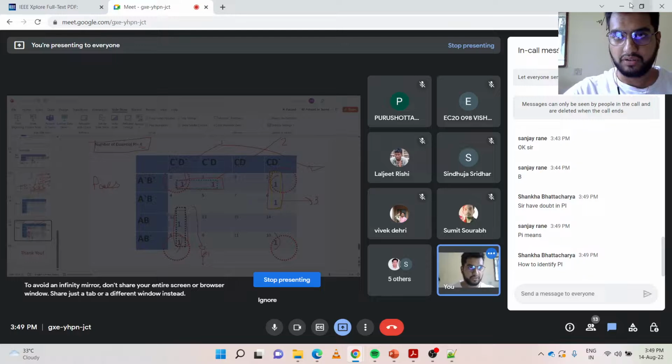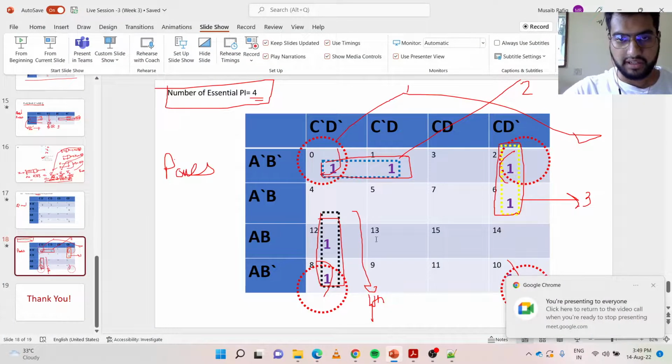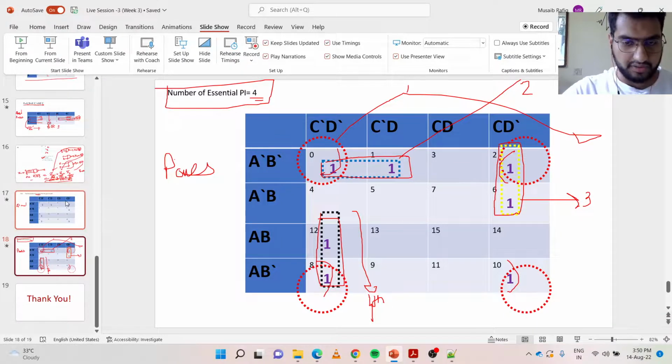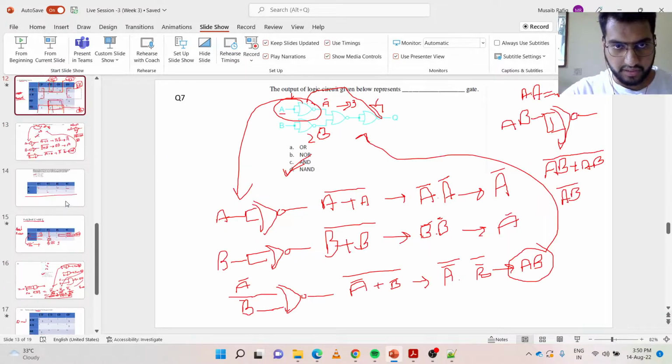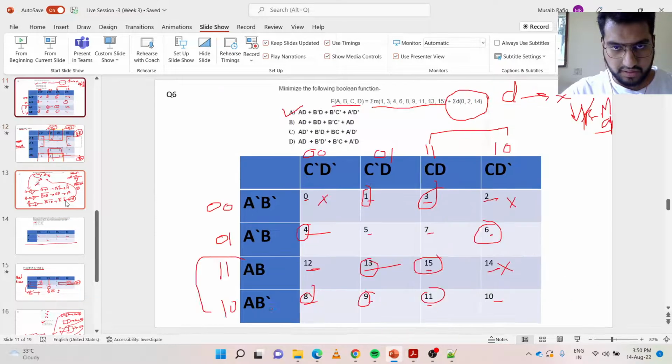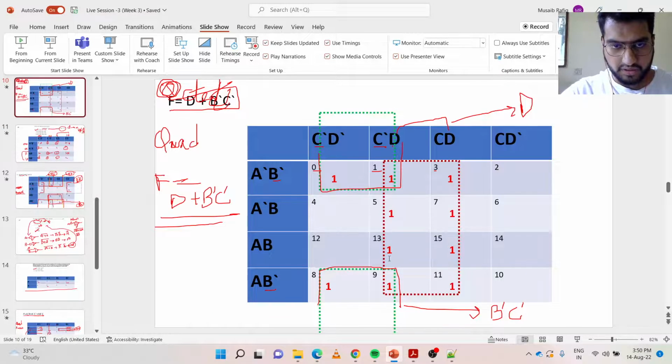So let's say if there was a one here. Let me just show it in another one. So here we can have any other prime implicants like this.